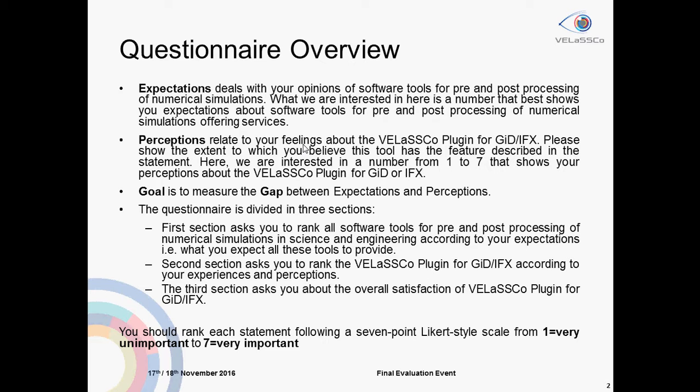As I mentioned before, we have two important concepts that are worthy to be mentioned here, which are the expectation and perception. Related to the expectation, we could say that it deals with your opinion of software tools for pre and post processing of numerical simulation.